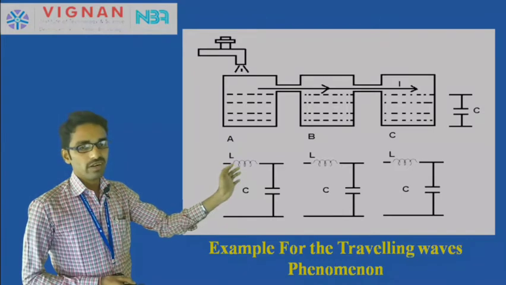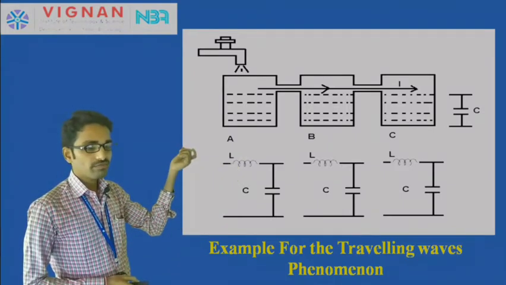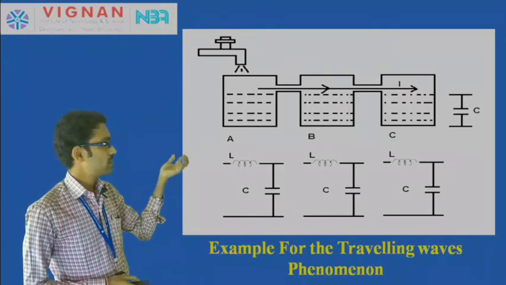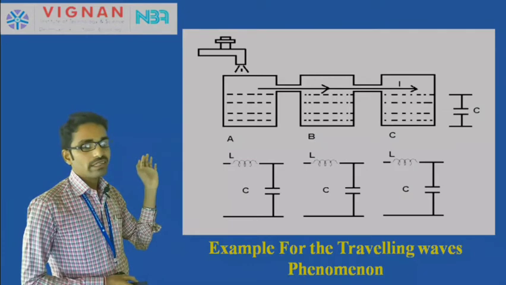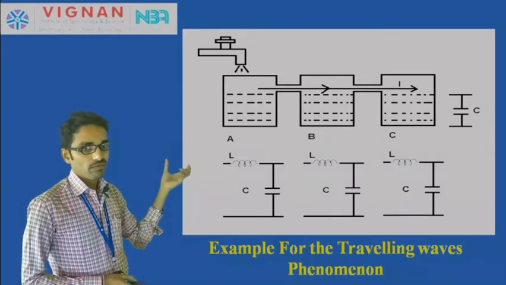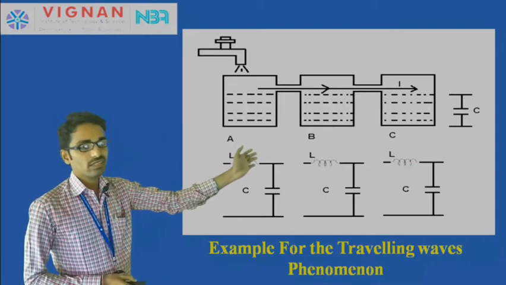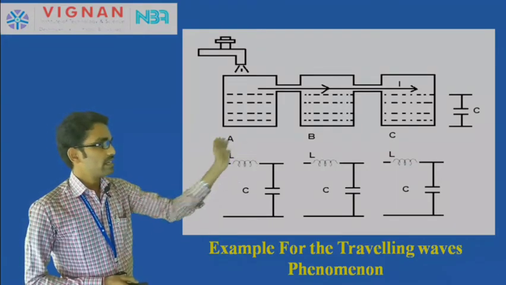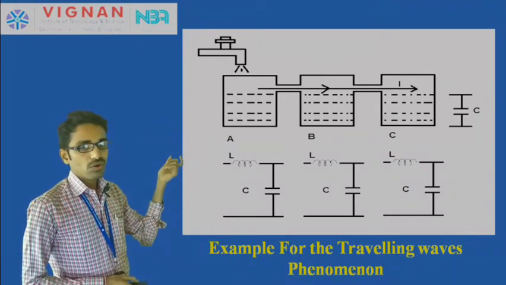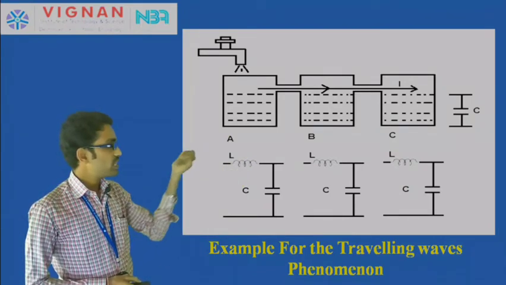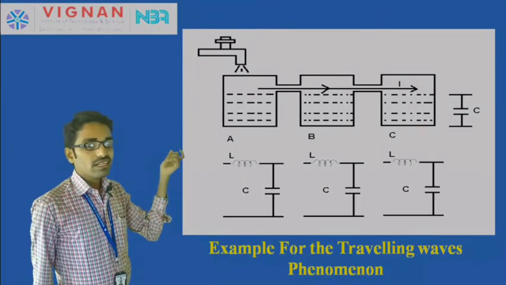When you open that valve, it slowly fills the channel. At the start it is filled with water, but at the other end of the channel there is no water; it is in a dry condition. That means, in order to fill the total channel, we require some finite amount of time.